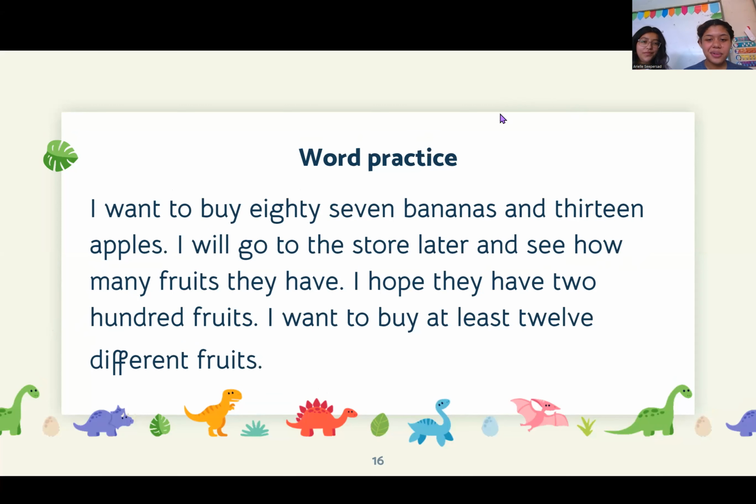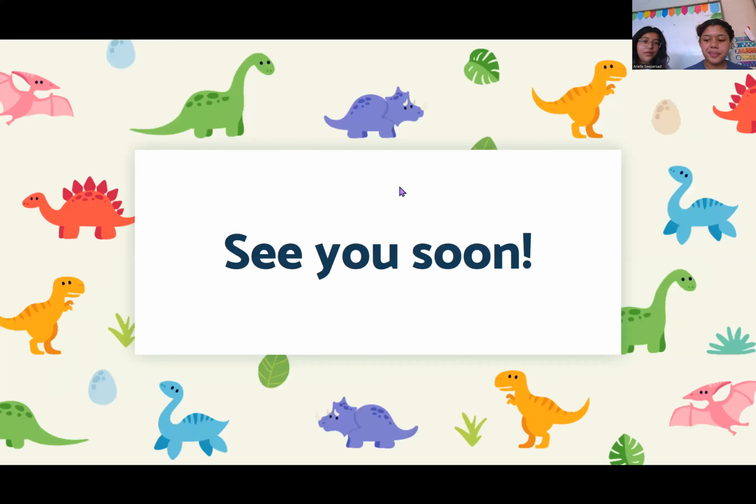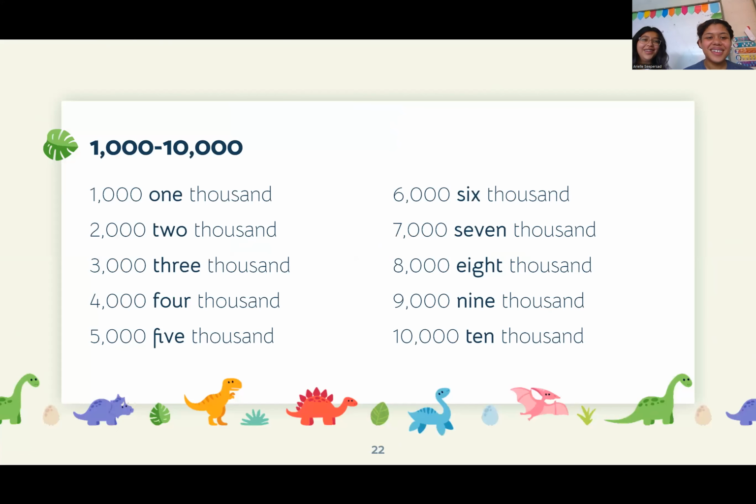Okay, so now it gets a little harder. We're going to thousands. So starting from here, 1,000, 2,000, 3,000, 4,000, 5,000, 6,000, 7,000, 8,000, 9,000, and 10,000.